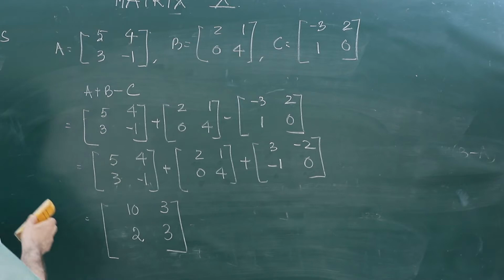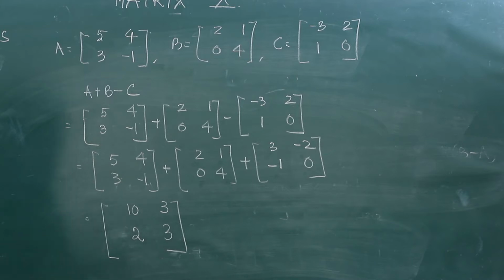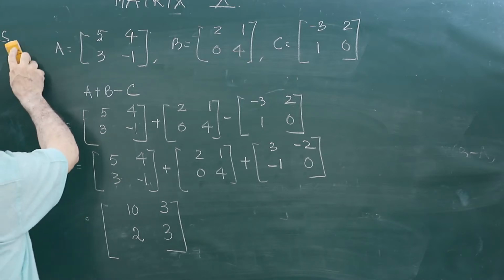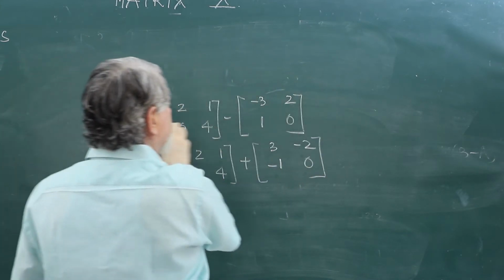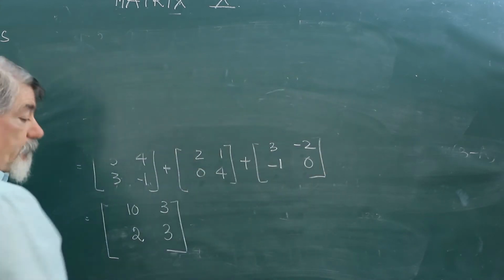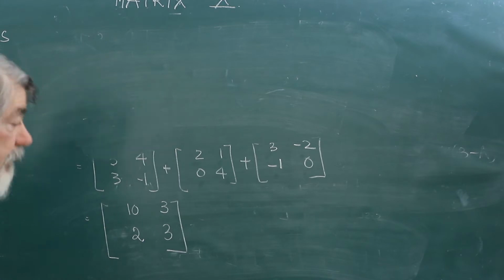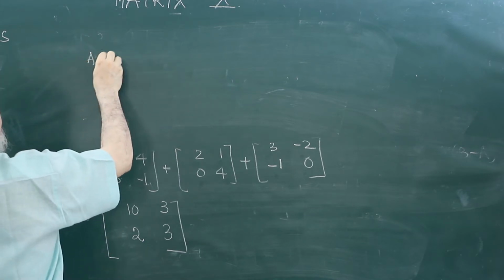Let's take another example where we will discuss the transpose of a matrix. We told you what a transpose of a matrix is: if we interchange the rows and columns of a matrix, it becomes its transpose.